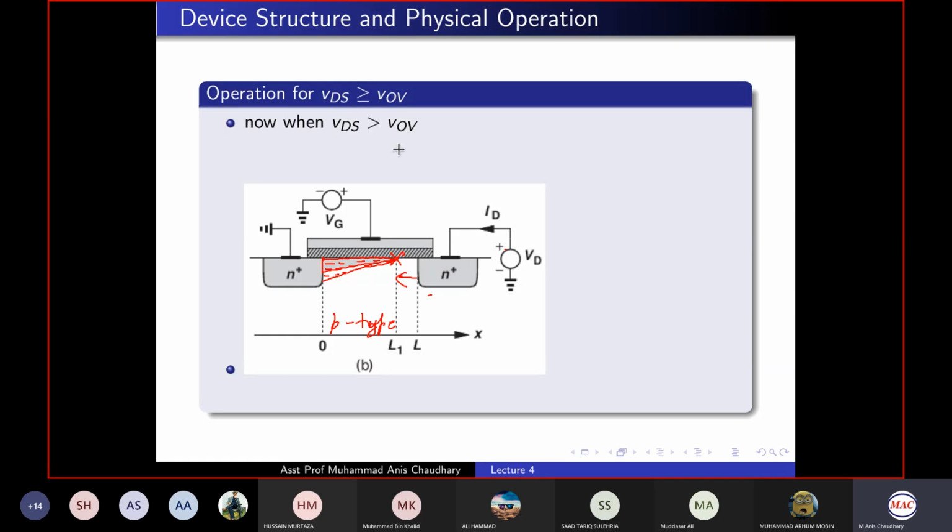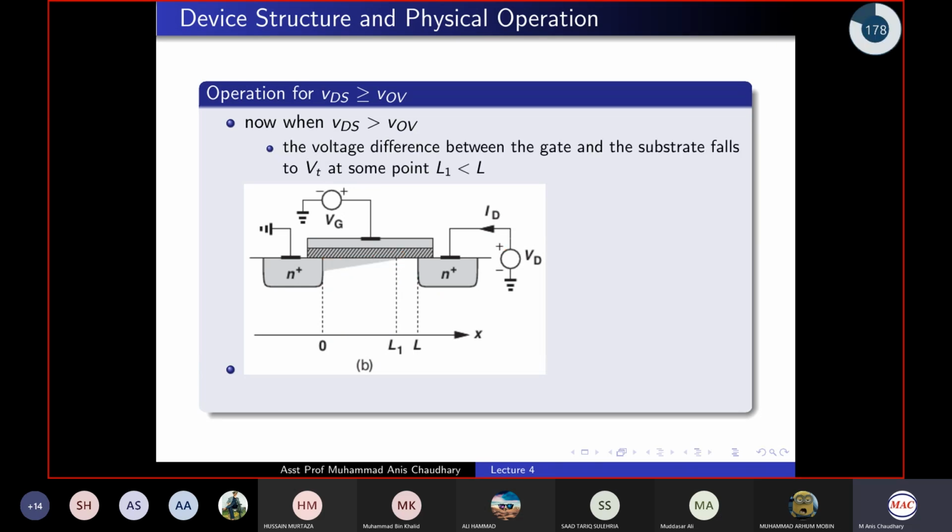So when VDS is greater than VOV, the pinch off point has shifted towards left, but the drain current is still there, and we will get a positive drain current flow across the channel.